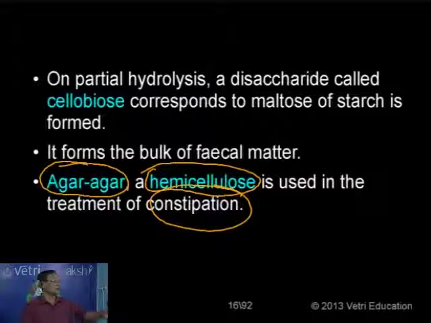That's why it's called hemicellulose. It is a heteropolymer, whereas cellulose is a homopolymer made up of only one type of unit, the monosaccharide glucose. Hemicellulose is made up of different monomers.